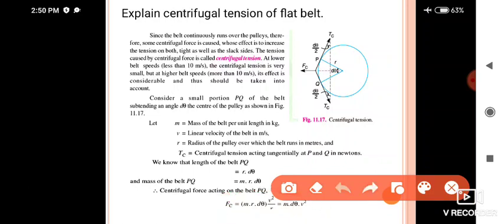You have to remember this formula. If he asks to explain centrifugal tension of the belt, you have to draw the sketch as well as the explanation like this. This may be asked for 10 marks definitely.